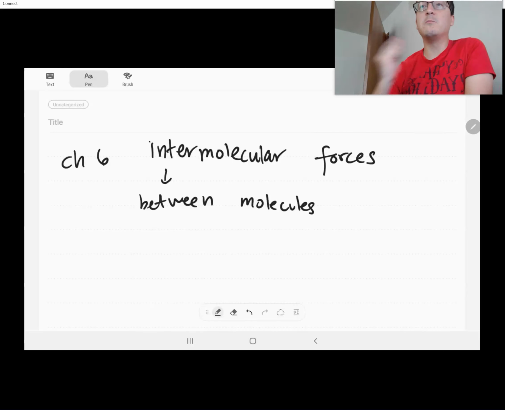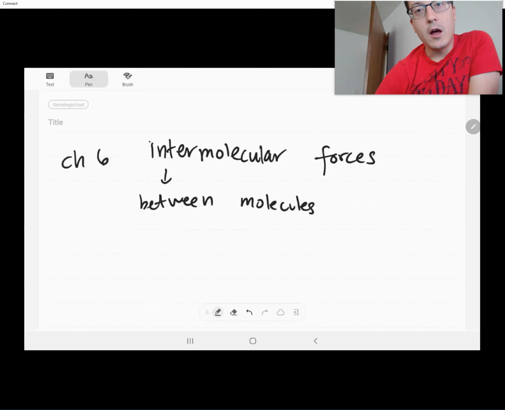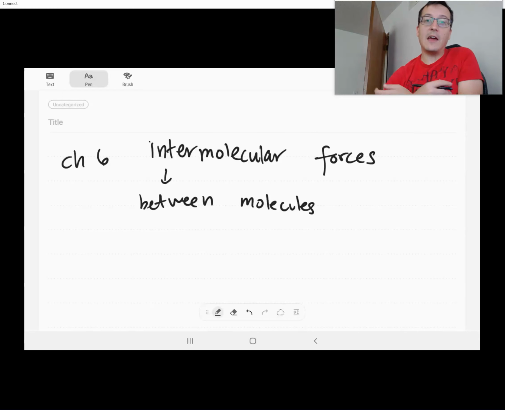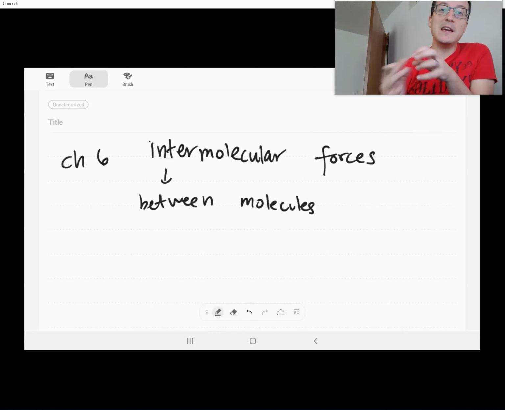We're going to see how molecules interact with other molecules. Interestingly enough, when they're gases, we assume that there are no interactions between molecules. However, when things are liquid, solid, or in solution, they are going to be interacting either with each other or other molecules.